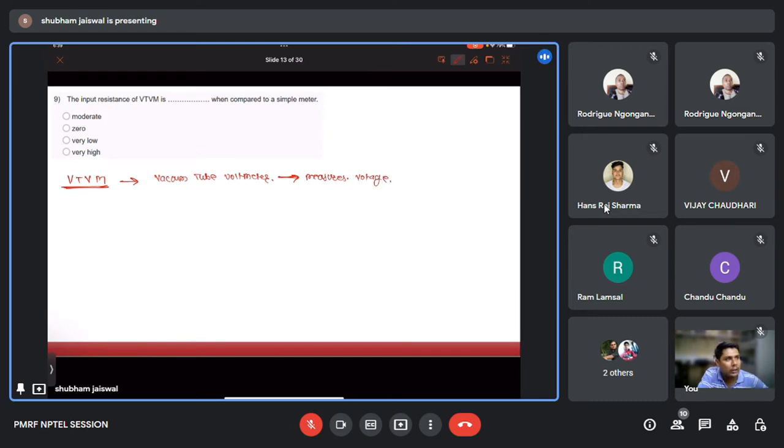As the grid circuit used in the vacuum tube voltmeter gives a high grid circuit resistance, the VTVM gives a very high input resistance when compared to a simple meter. This is just a simple question.